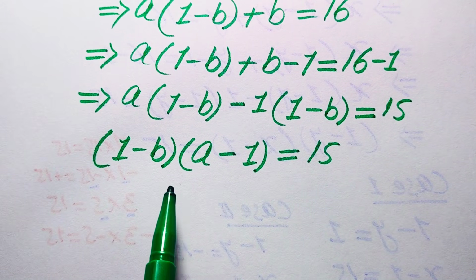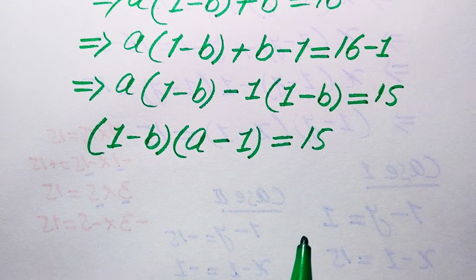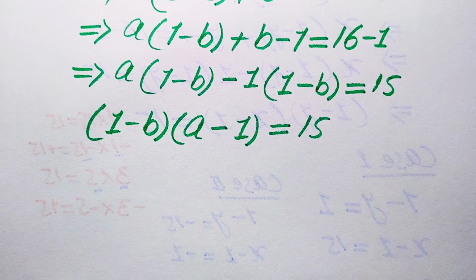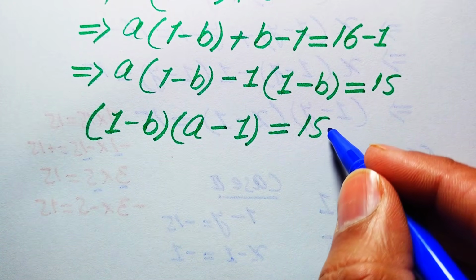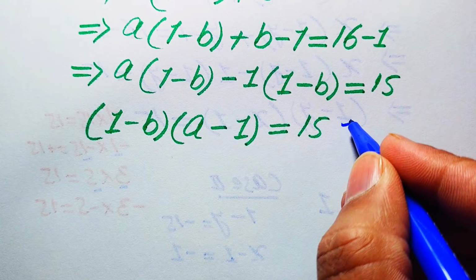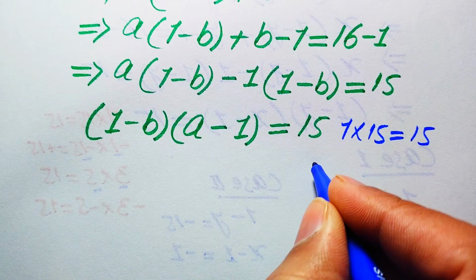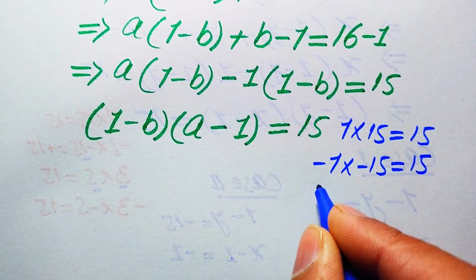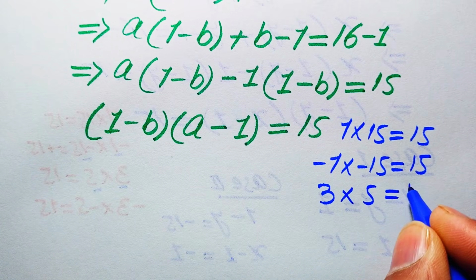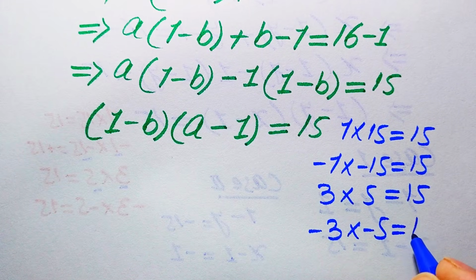So now you see in the left hand side there are two factors multiplied by each other, but in the right hand side we have only one factor. So we need to find some integers whose product becomes 15. For this we have some possibilities: 1 multiplied by 15 is equal to 15, and minus 1 multiplied by minus 15 is also equal to 15. 3 multiplied by 5 is equal to 15, and minus 3 multiplied by minus 5 is equal to 15.